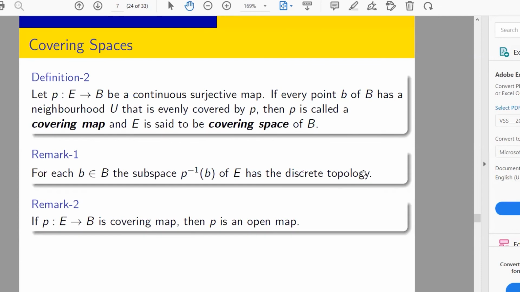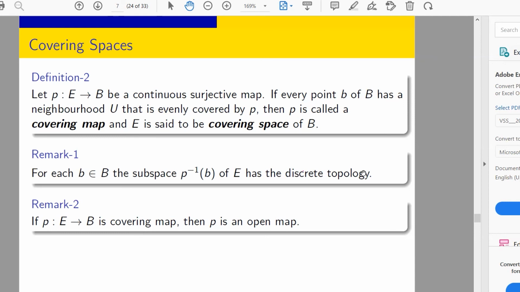So the thing is, we have to show that if we take b in B, the subspace P inverse of B has discrete topology. So for showing discrete topology, we have to show every point is a closed set. That will be enough. Okay, so how we will argue is, since it is given it is a covering map, for b we will find a neighborhood Ub such that Ub is evenly covered.